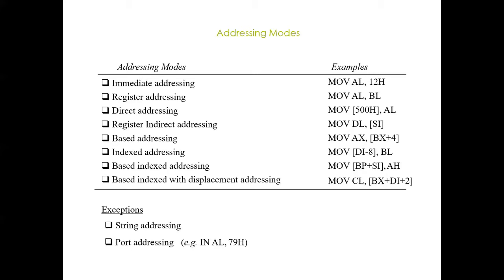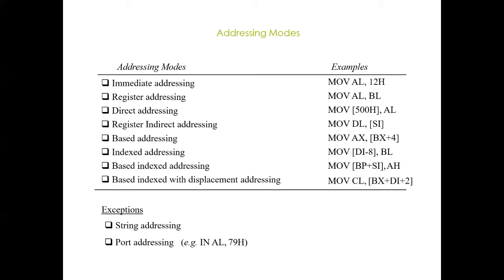Example, MOV AL, [BX plus 05]. It is an example of an 8-bit displacement. Suppose register BX contains 0301. The offset will be 0301 plus 05, which is equal to 0306. The content of the memory location 0306 will move to AL.